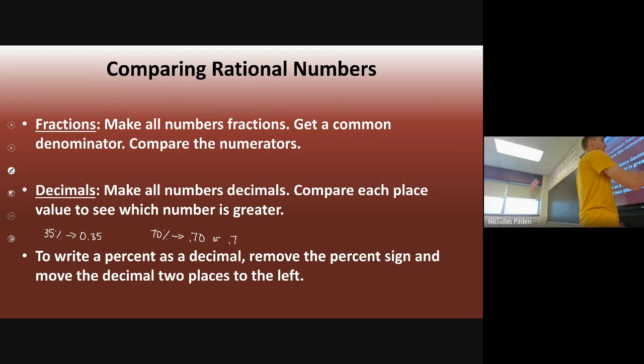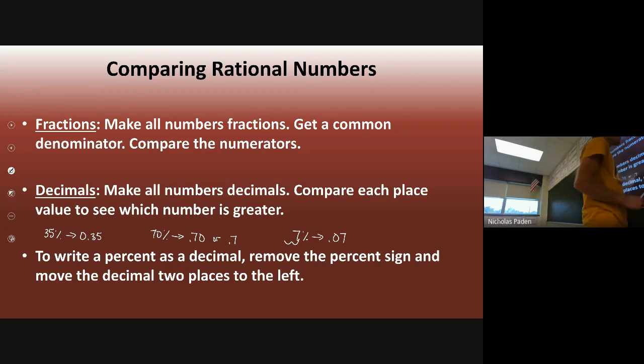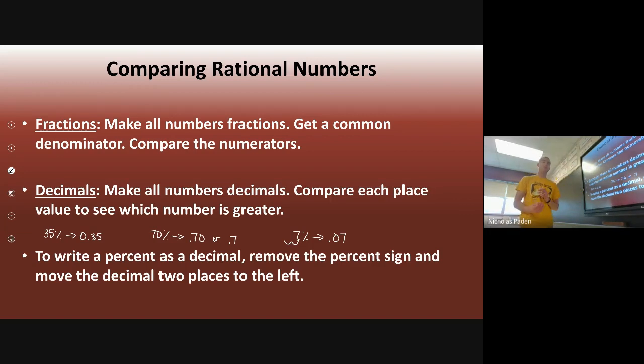So then 7% is not going to be 0.7. We move it 2 times to the left. It's going to be 0.07. So one thing to remember, anytime your percent is less than 10%, so 1 through 9, there should be a 0 after the decimal point. So 7% is going to be 0.07 because 0.7 is 70%.